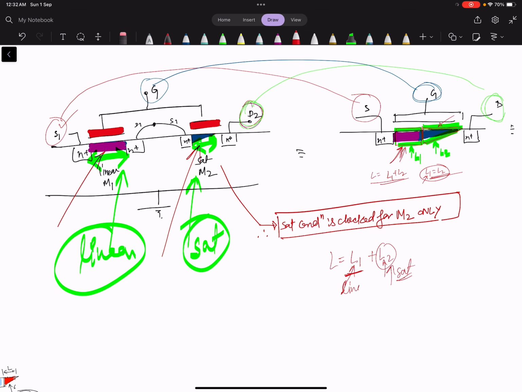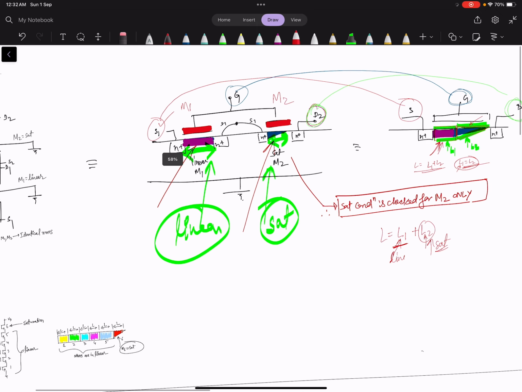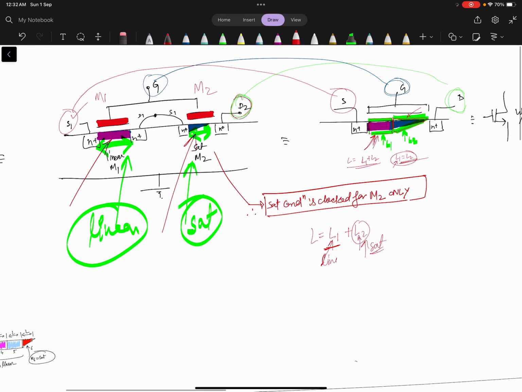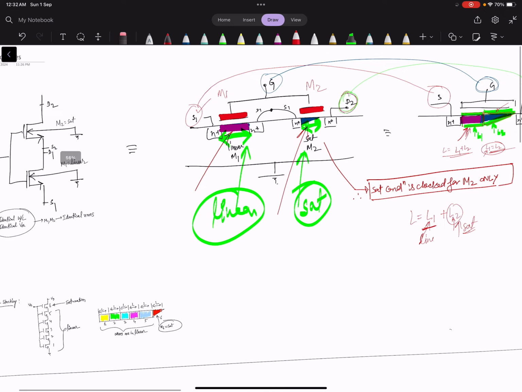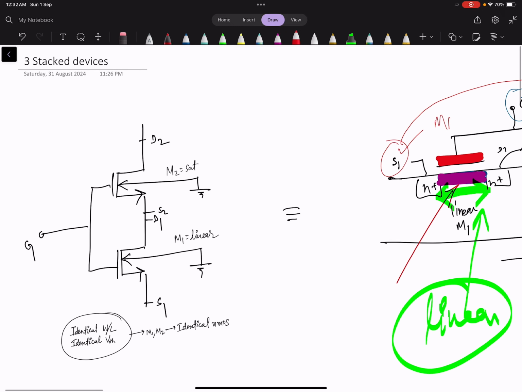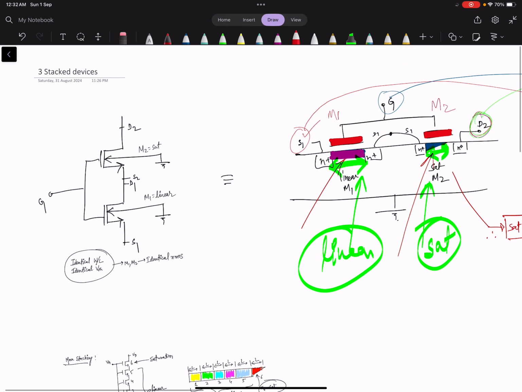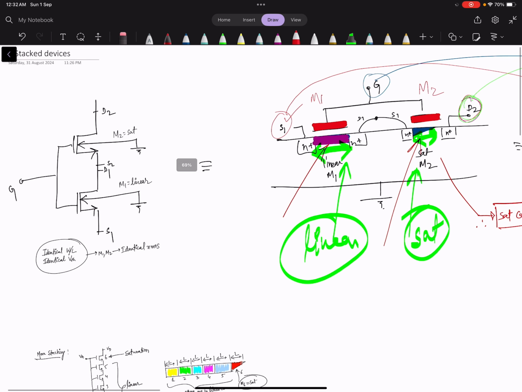So this L1 and L2 will make two devices, M1 and M2. So if we see here, this device will be something like this. I'll show you from here.